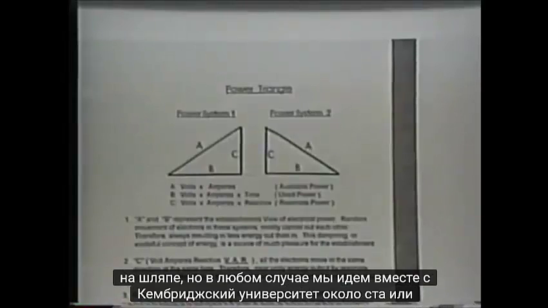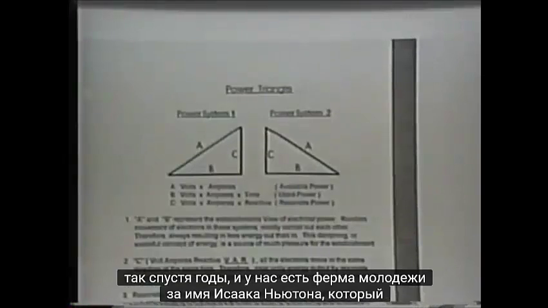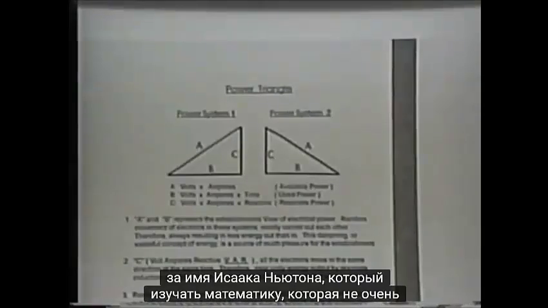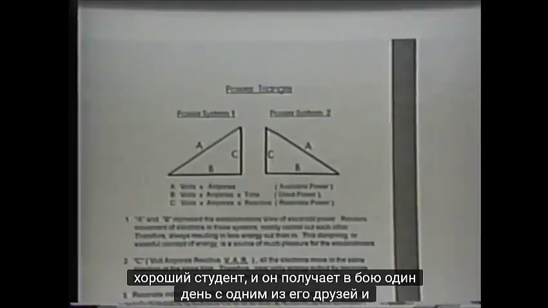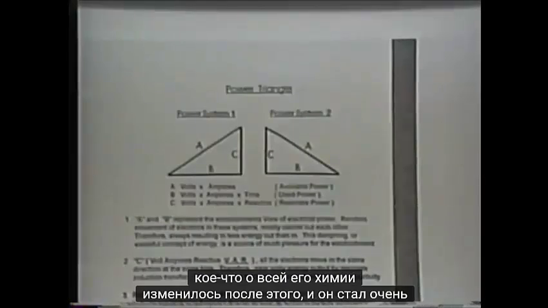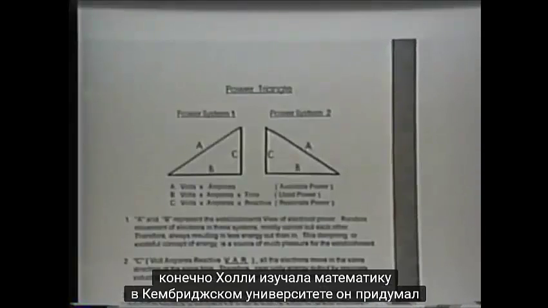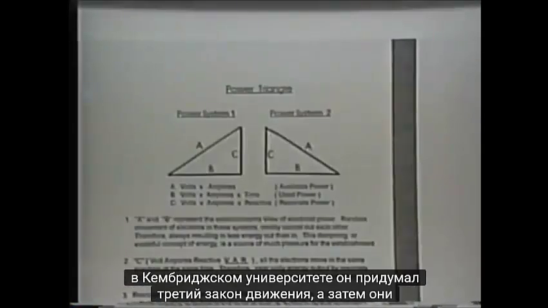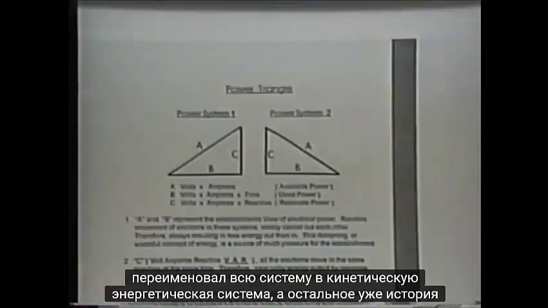Cambridge University about 100 or so years later, and we have a foreign youth by the name of Isaac Newton, who's studying mathematics, who's not a very good student, and he gets in a fight one day with one of his friends, and something about his whole chemistry changed after that, and he became very competitive and a very good student. And of course, while he was studying mathematics at Cambridge University, he came up with the third law of motion, and then they renamed the whole system to the kinetic energy system, and the rest is history.